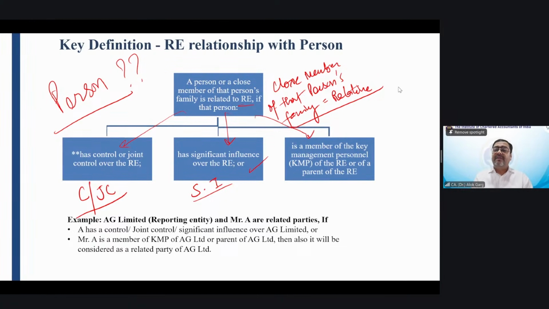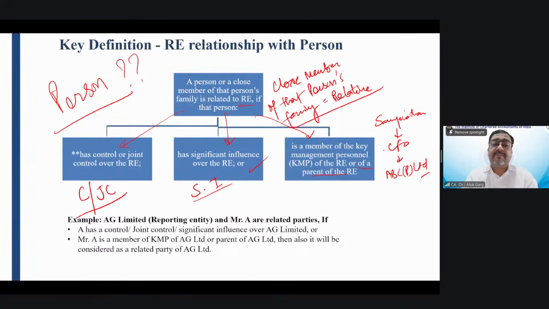that person is a member of the KMP of the reporting entity or of a parent of the reporting entity. Saminathan is a CFO of ABC Private Limited, so Saminathan is a KMP of ABC Private Limited.